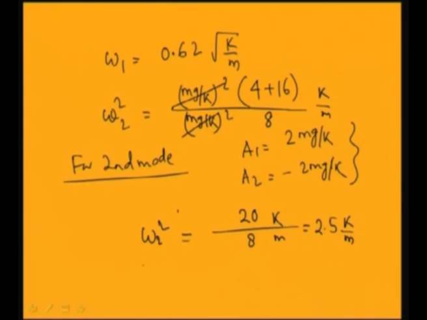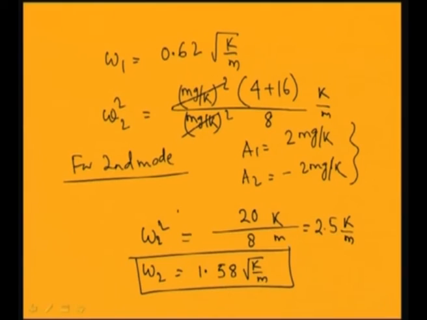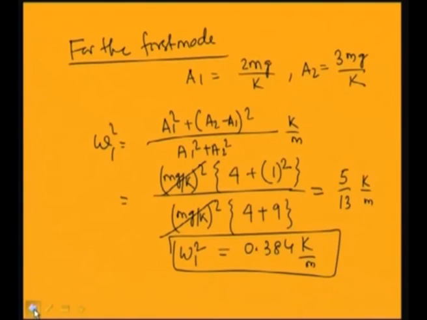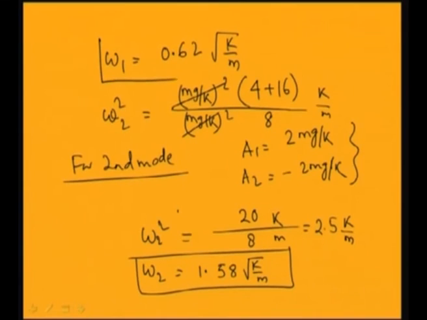So this omega 2 is equal to 2.5 root over, so it becomes 1.58 root over k by m. So you are getting the second mode frequency equal to 1.58 root over k by m, and the first mode frequency we got equal to 0.62 root over k by m.